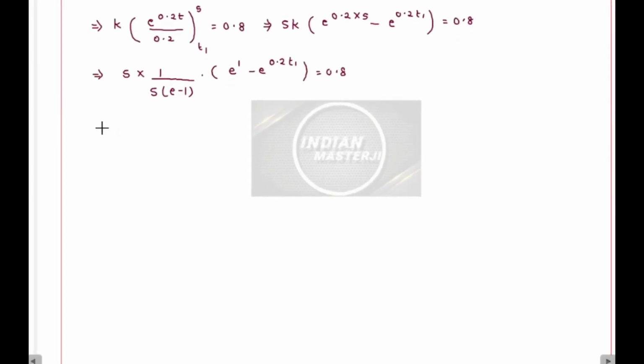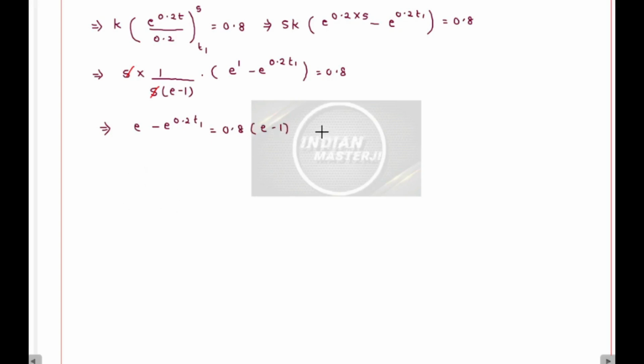Correct? So here this 5 and 5 I can cancel. So ultimately I can write it as e raised to 1, that is e, minus e raised to 0.2 t1, and this e minus 1, this whole thing I'll take it on the other side of the equal sign. So if I take it on the other side of the equal sign, it gets multiplied with 0.8, e minus 1.